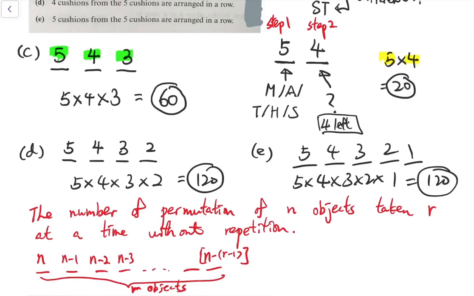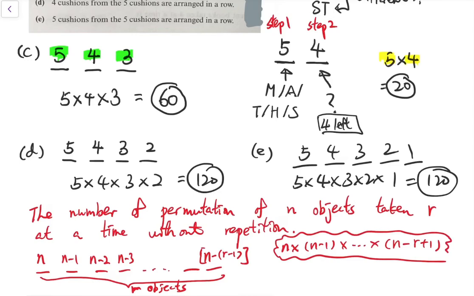The number of permutations, you just simply like the example before, multiply them together. So n minus r plus 1 becomes this. Finally, this is actually very important, a thinking skill.